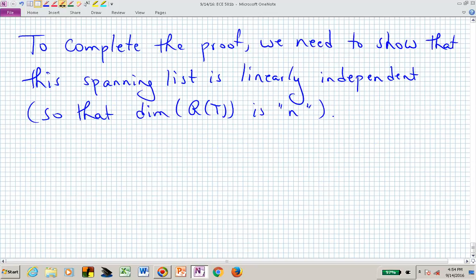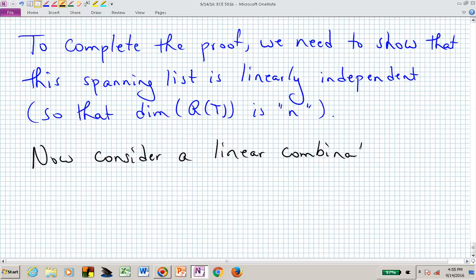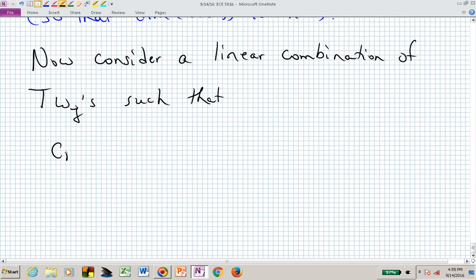Now, to show that, let's consider a linear combination of these vectors Tw sub j such that, so now just assume that we can find c's such that c1 Tw1 plus c sub 2 Tw sub 2, etc., plus c sub n Tw sub n equals 0.